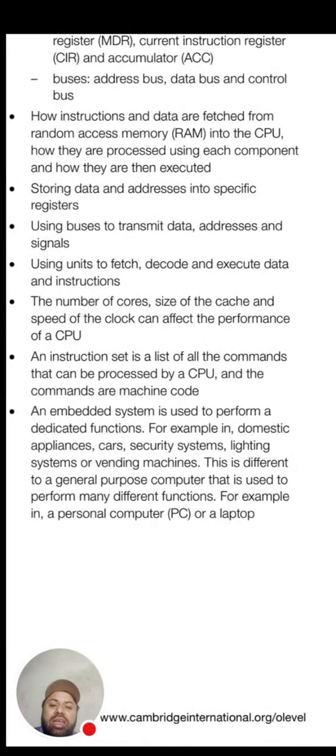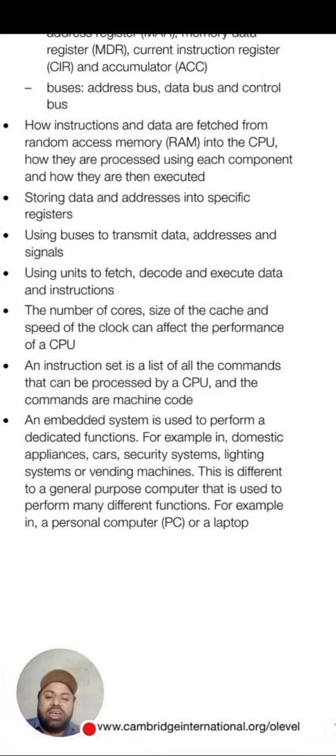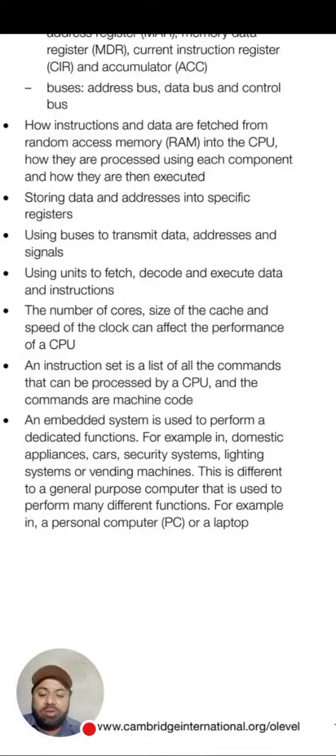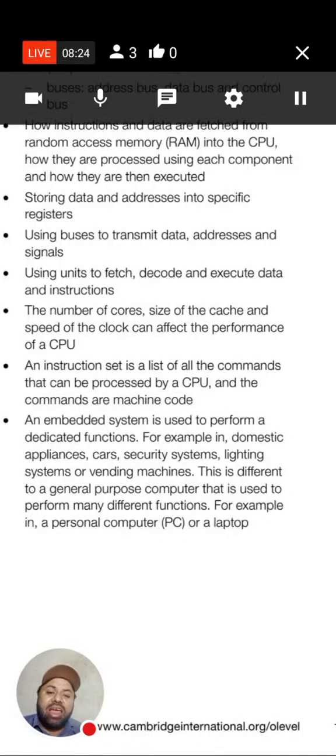Then we come to the number of cores, size of the cache, and speed of the clock, which can affect the performance of the CPU. On what factors does the CPU depend? The number of cores, how many cores are there, then the size of the cache. There are levels, L1 cache, L2 cache, L3 cache, and what is its size. And similarly, what is the clock speed?